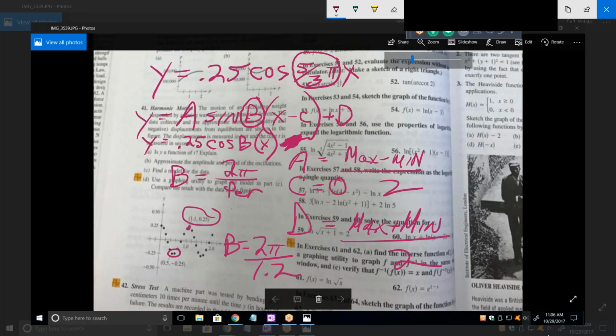So we're going to get the period from looking at the curve, and then figure out what B needs to be. Well, the period was a number that wasn't in terms of pi, so B is still a number, 2 pi over 1.2. I just simplified it to 5/3 pi. So that's our coefficient, 5/3 pi.